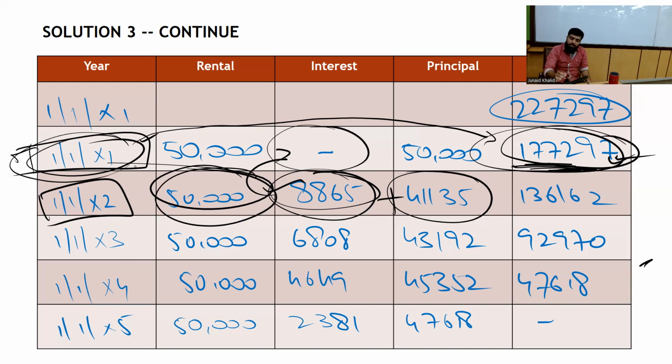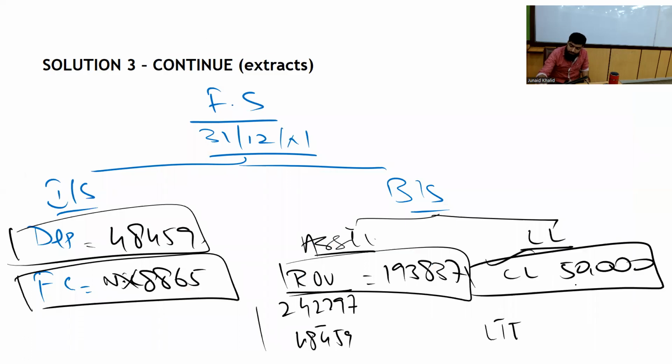What is the logic behind it? In the next accounting period, we need to pay two obligations. Number one, the interest that was due for the last accounting period. Number two, the principal amount. So the current liability would always be the rental of the next accounting period.